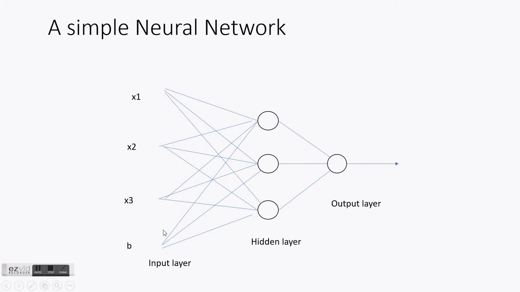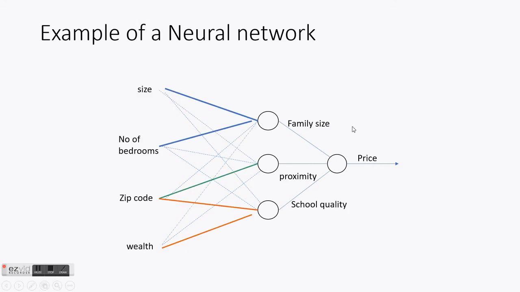So we have a set of input features and an output layer, and in between we have what is known as the hidden layer. It is called the hidden layer because we do not know what it does. We can have as many hidden layers as we want in our neural network. If we have just one hidden layer, it is called a neural network. If we have more than one hidden layer, it is called a deep learning network. So this is basically the structure of a neural network.